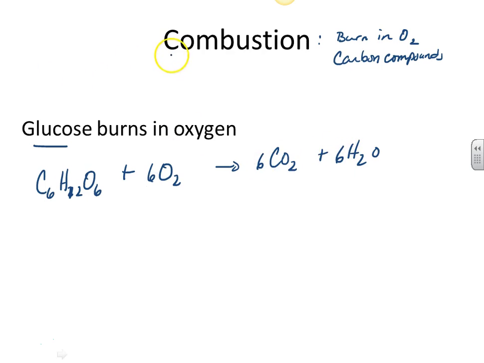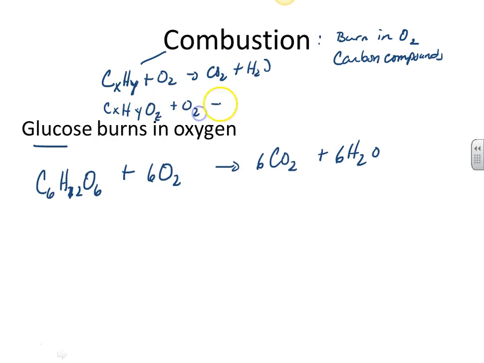Now, all of our combustions are going to have at least carbon and hydrogen. We can also have, like this, a carbohydrate, where we've got oxygen, but we still end up producing the same products.